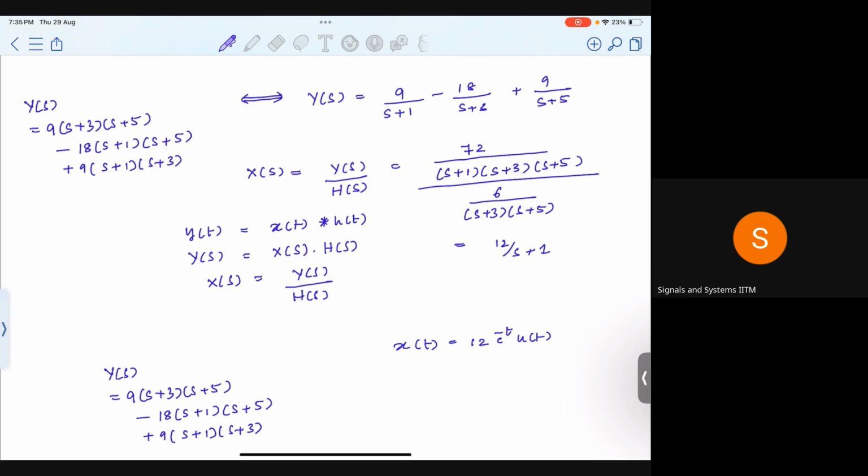No, these things are cancelling, right? This is 12. Yes, ma'am. I mean, this is 12 by s plus 1. What is your question? How do you go back from 12 by s plus 1 to x of t, or any other question that you have? No, ma'am. I didn't notice the upper line. Okay, okay.